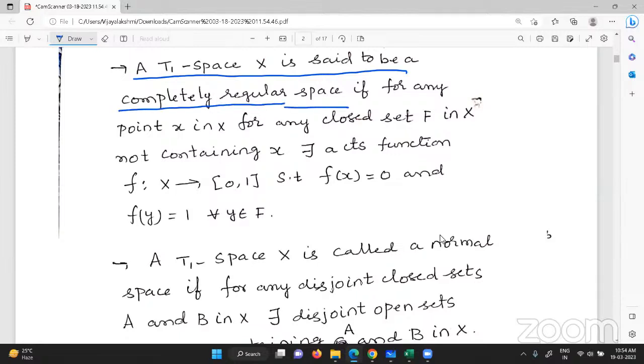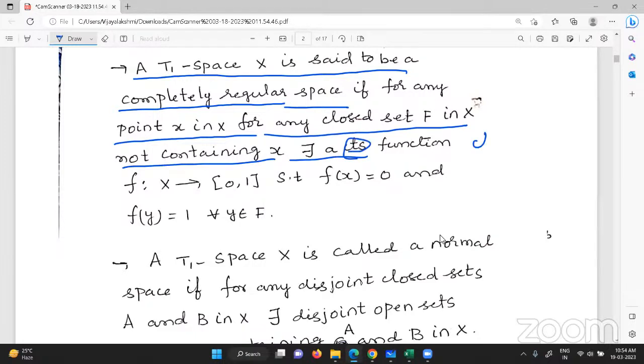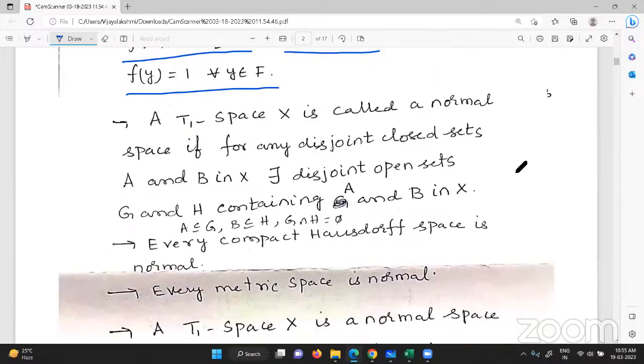A T1 space is completely regular if for any x in X and for any closed set F in X not containing x, there exists a continuous function f from X to [0,1] such that f of x is 0 and f of y is 1 for y belonging to F. Tell me what is a normal space?